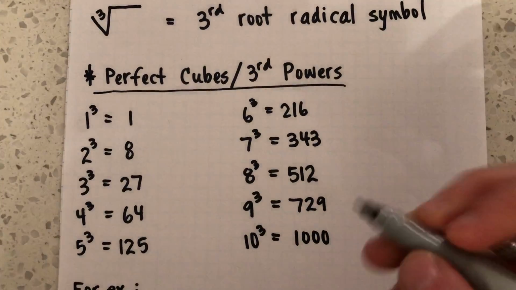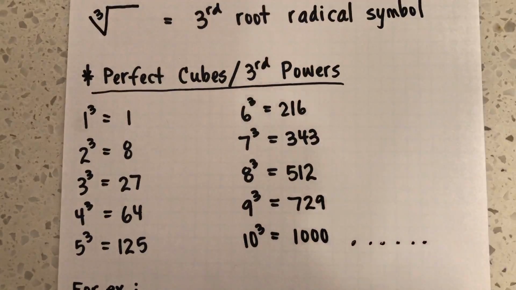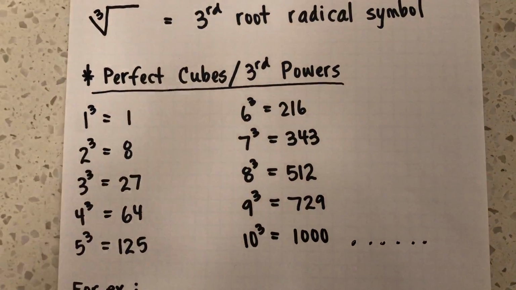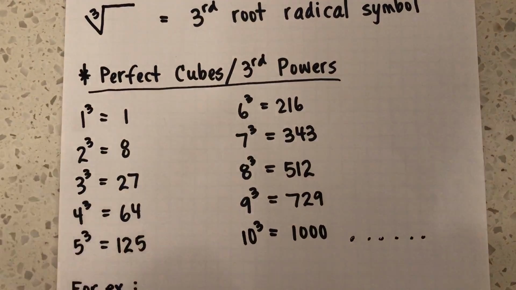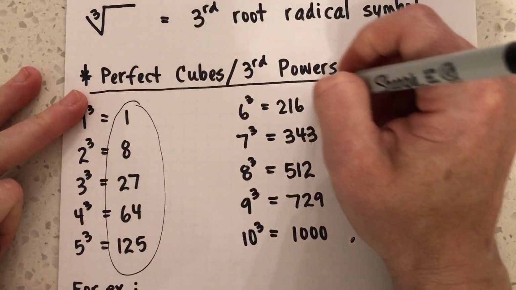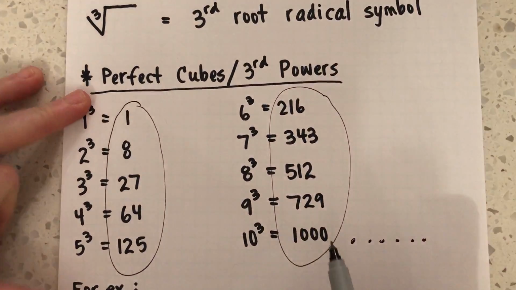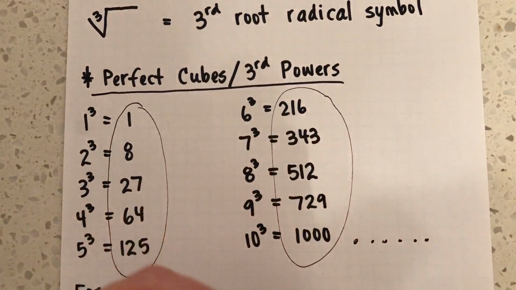Again, this list just keeps on going. I stopped there. I probably won't assign you ones where you'll need to know anything bigger than 1,000. All of these numbers are known as your perfect third powers. These are the numbers that you can take the third root of and get a whole number back.